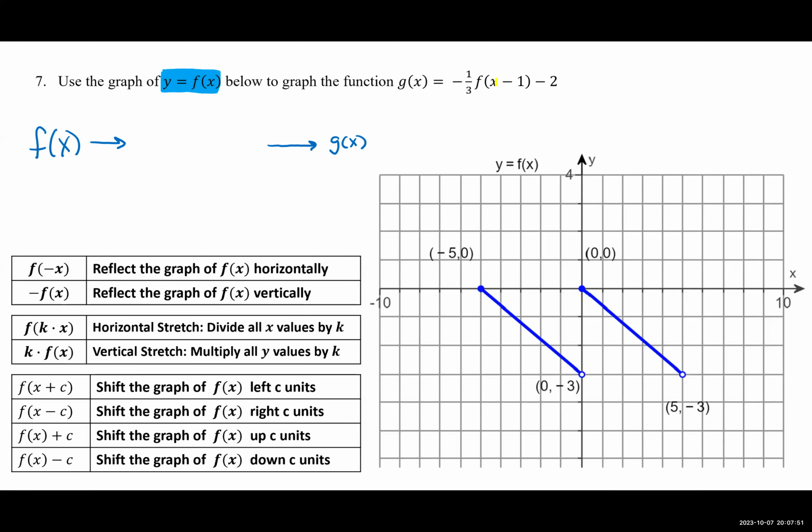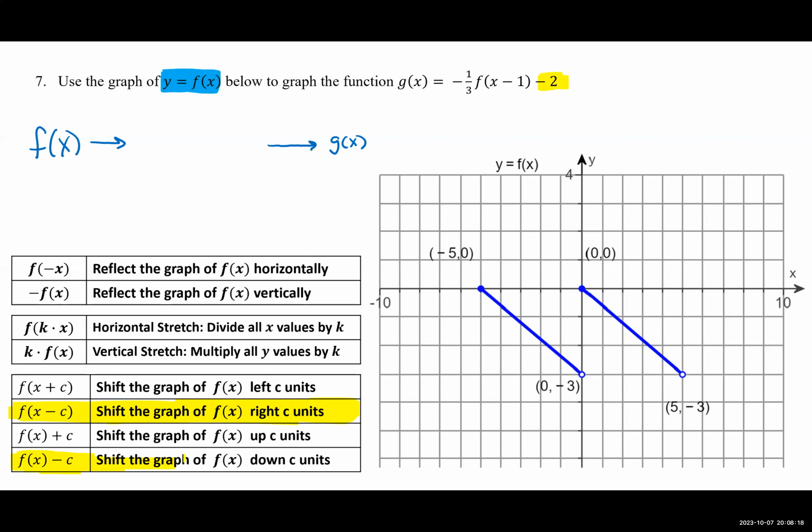Well, there's a subtraction, what I just highlighted in yellow. There's subtraction inside the f function, so there's going to be a shift to the right. I'm seeing a subtraction on the outside. There's a -2.